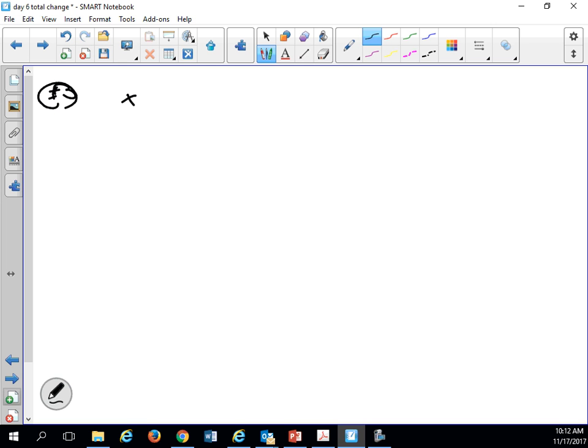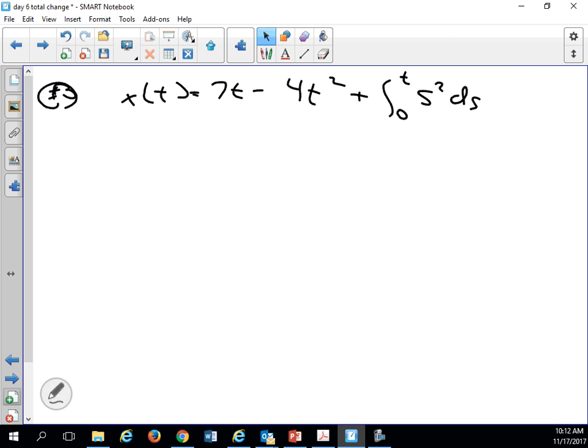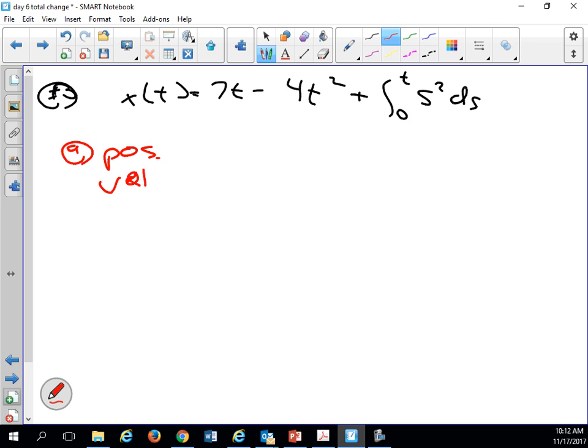I tell you, x of t equals 7t minus 4t squared plus the integration from 0 to t of s squared ds. And I'm asking you, for part A, it says position and velocity at t equals 3. How do you find position and velocity at t equals 3? Well, position. How do you find a position at t equals 3? Plug in 3. Yep.